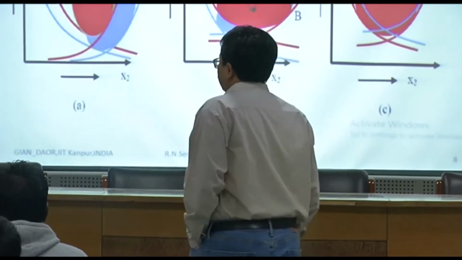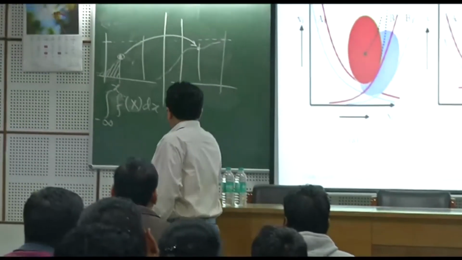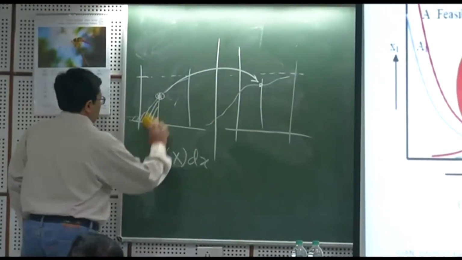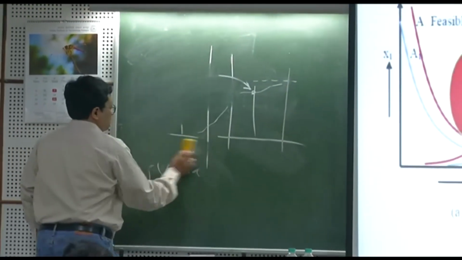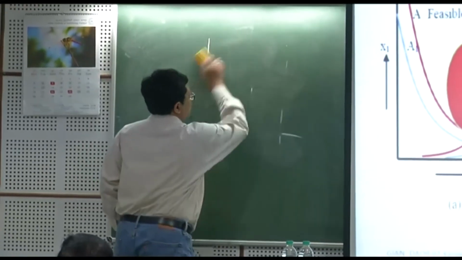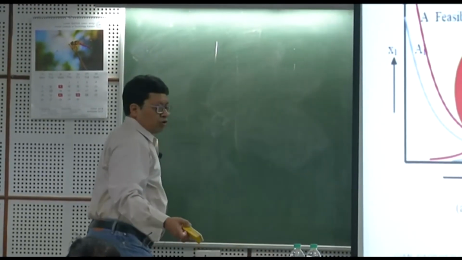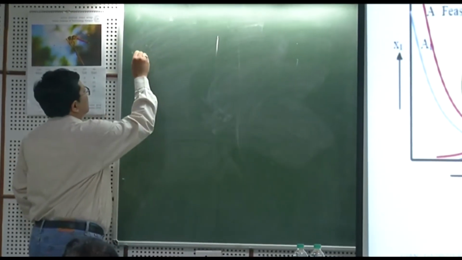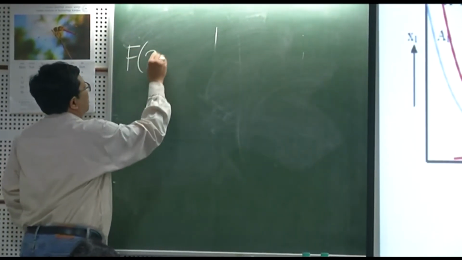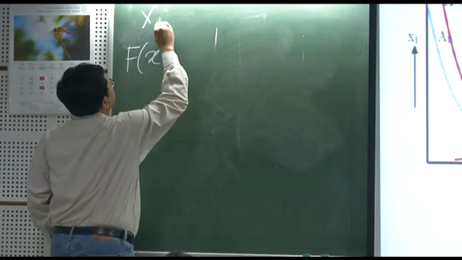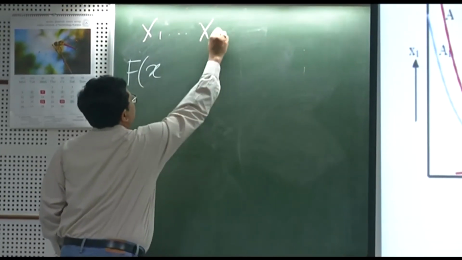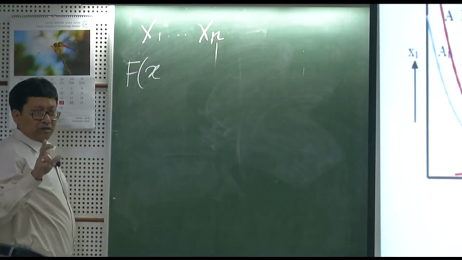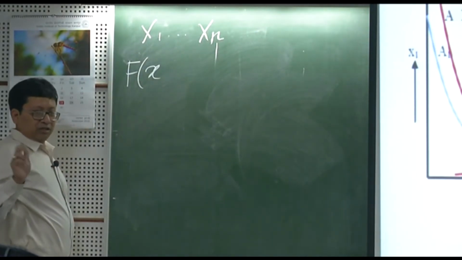The problem works like this. If it is a normal distribution, or for a non-normal distribution also, we consider random variables x1 to xn. These are not orthonormal to each other, they are dependent on each other.